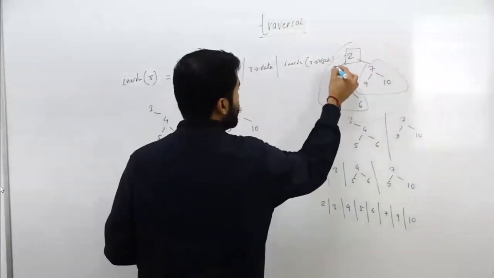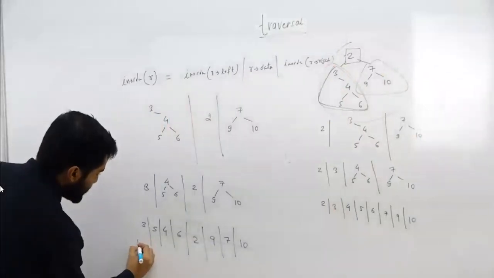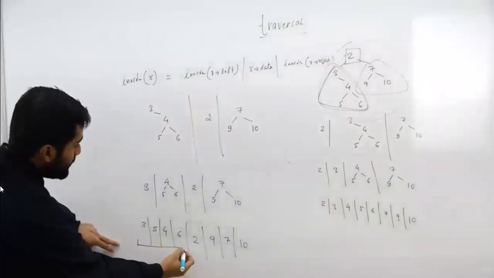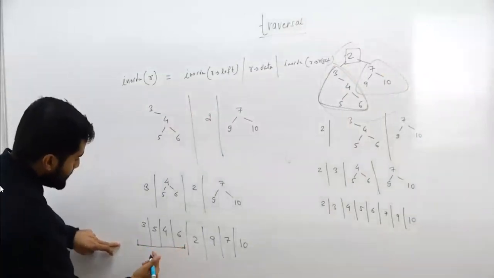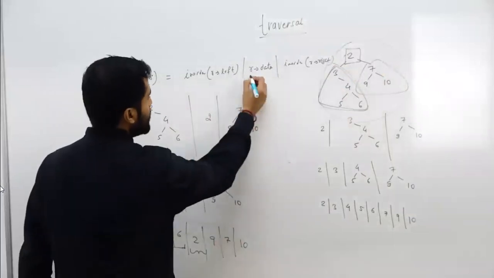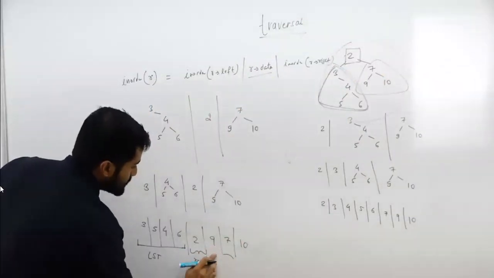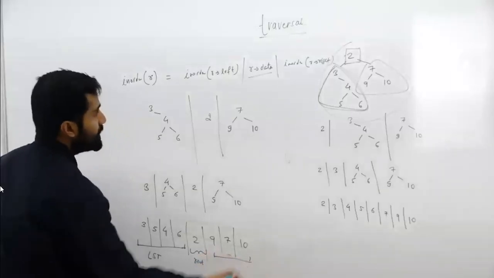Okay. Now, again, if you analyze this output, you will see that the in-order traversal of this particular tree first contains all the nodes of LST, which is 3, 4, 5, 6. 3, 5, 4, 6 actually. So these are all the nodes of the left subtree. And here in between, you have the root. And after that, you have all the nodes of the right subtree.